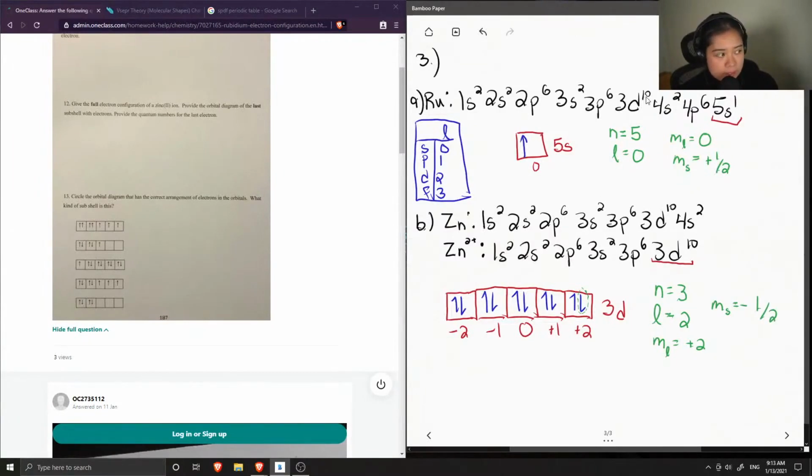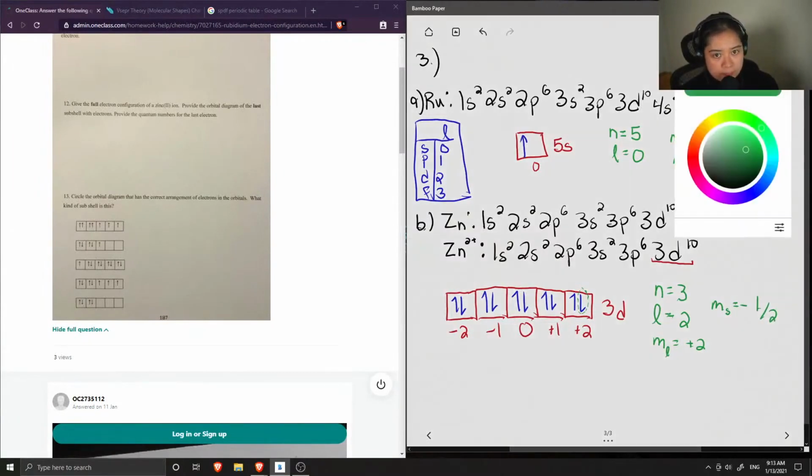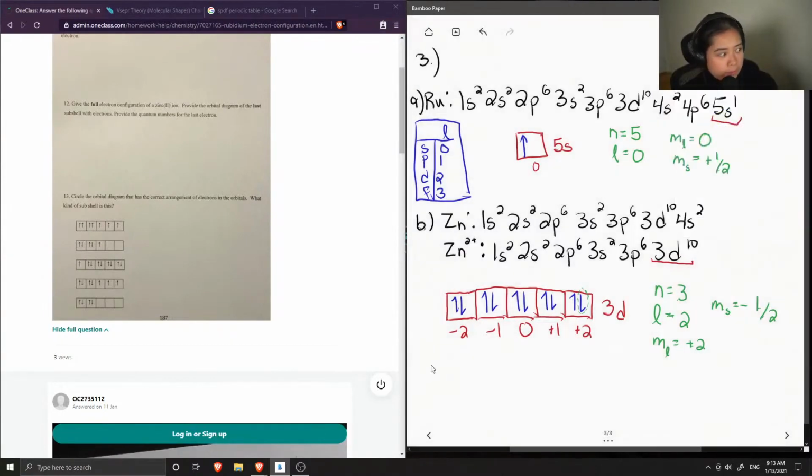Okay, so now let's look at part C. Circle the orbital diagram that has the correct arrangement of electrons in the orbitals. What kind of subshell is this? They have different options.